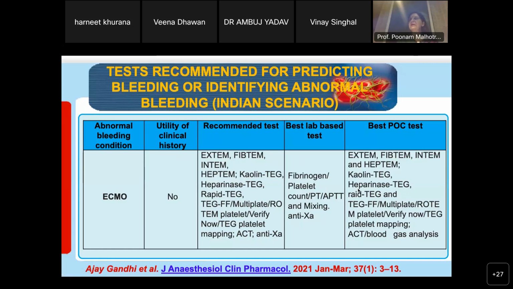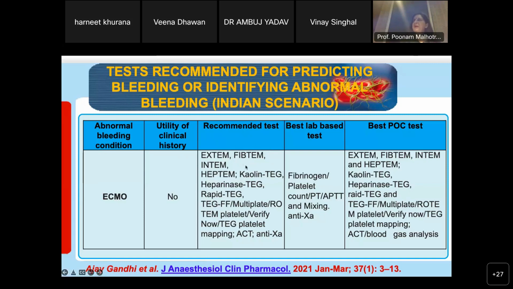And we decided that these are some of the best point of care tests that should be done. EXTEM, INTEM, FIBTEM, and HEPTEM should be done on a kaolin-based TEG or a ROTEM, and a Multiplate. These patients should also be monitored with an ACT, an APTT, and anti-Xa, with TEG platelet mapping.